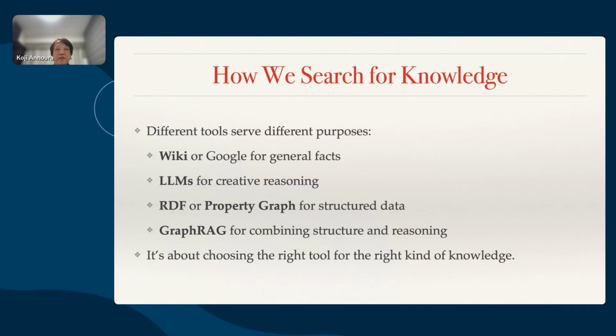How we search for knowledge. Different tools serve different purposes. Wiki or Google for general facts. LLMs for creative reasoning. RDF or property graph for structured data.